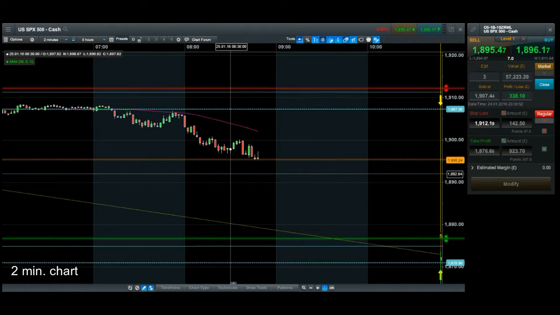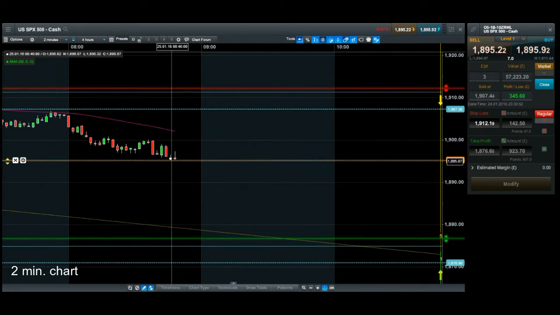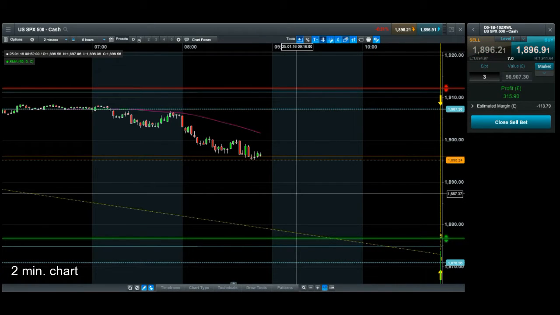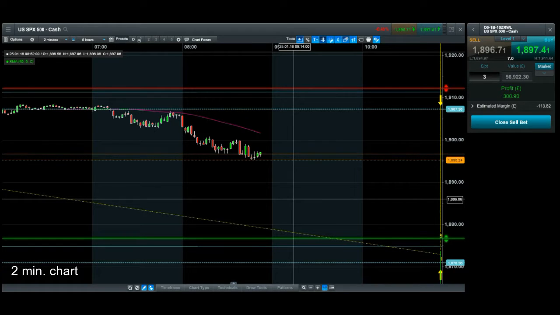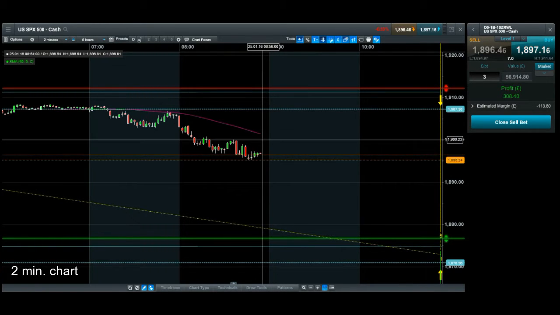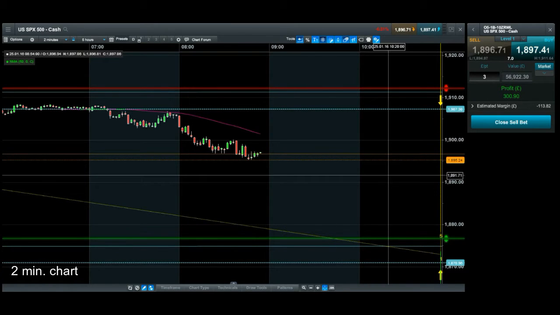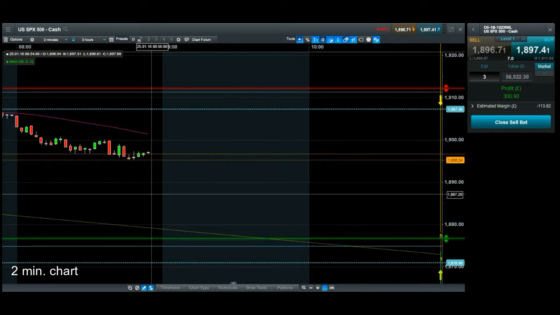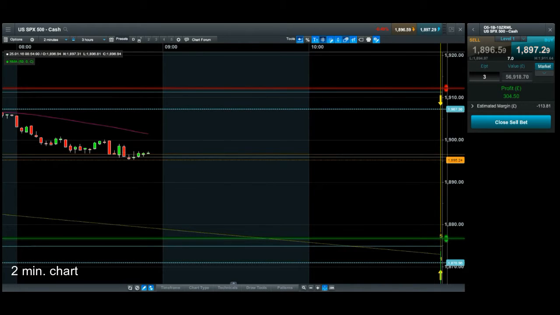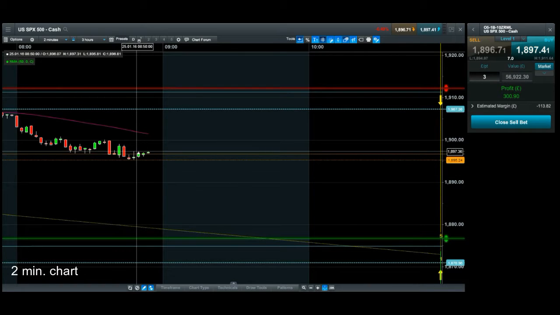Okay, as you can see, there is a power of support here. It seems that there's a temptation for the index to climb back up and retouch the simple moving average to confirm. It does look like though it has the power to climb above it.